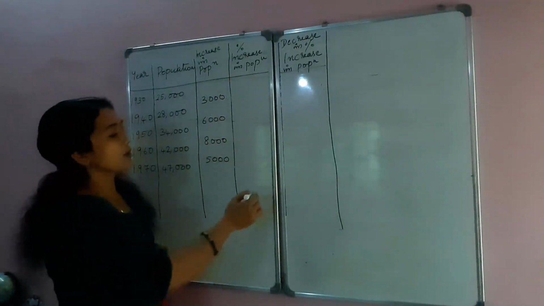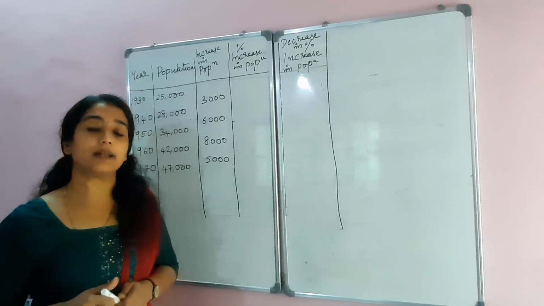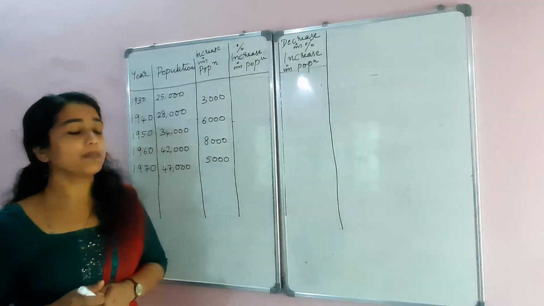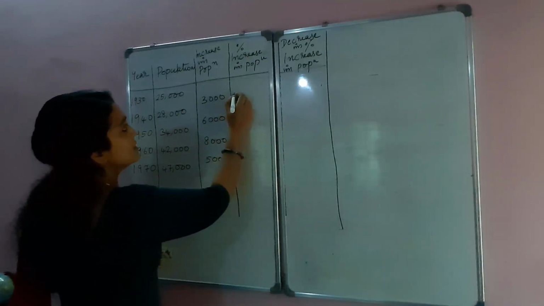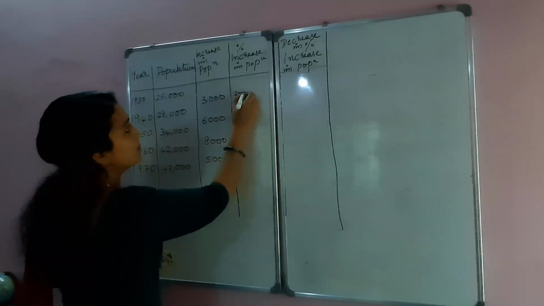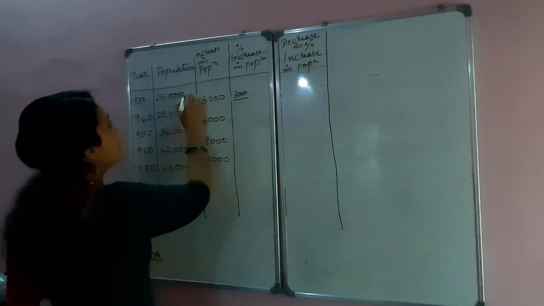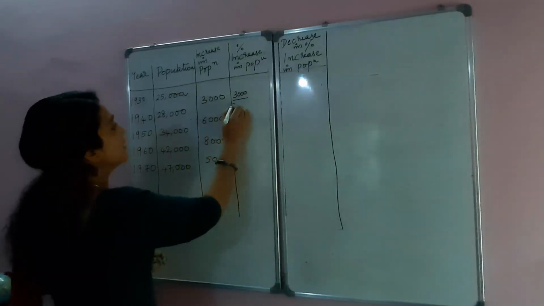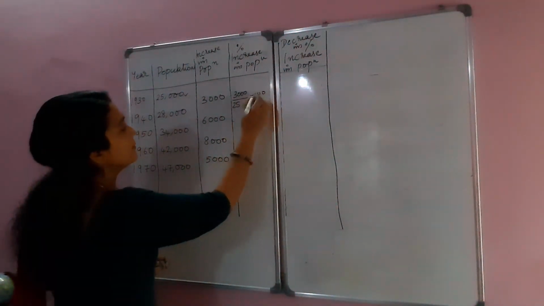Then the fourth column, this is also already calculated in the second method, the geometrical increase method. How we calculate it: first, 3,000 is our increase, divided by the first population, 25,000, into 100.